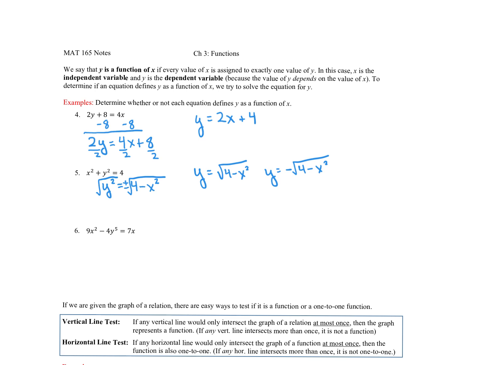Moving on to number 6, once again we'll try to isolate the y variable. First, we'll subtract 9x squared from both sides. We'll divide both sides by 4.